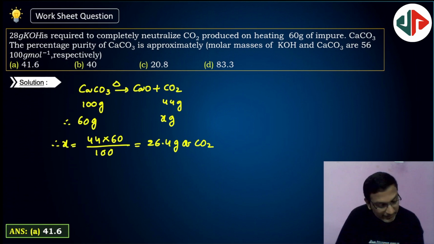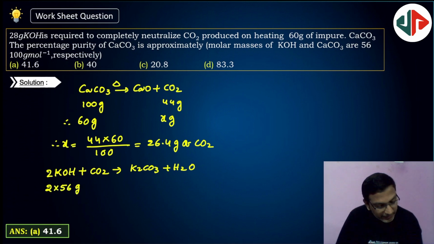But actually, the reaction between KOH and CO2 is given by KOH plus CO2 gives K2CO3 plus H2O. So here 2 into 56 grams will be neutralized by 44 grams. That means for neutralizing 44 grams of CO2, 2 into 56 grams of KOH is required.